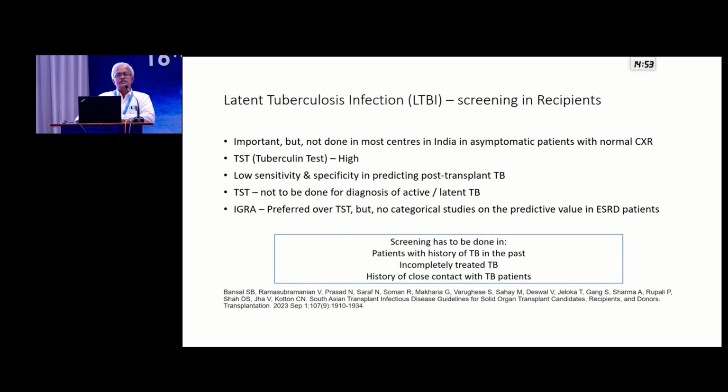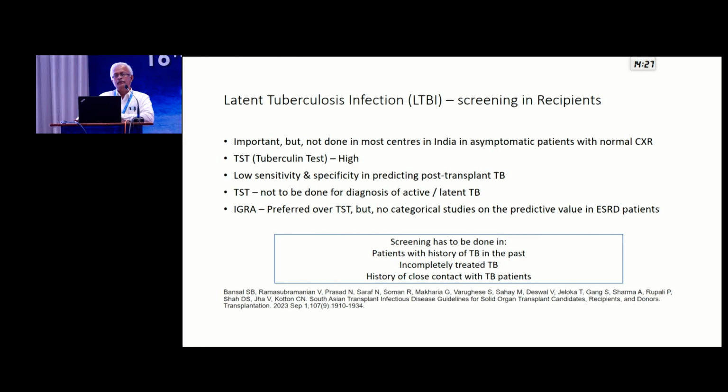There are some studies which have compared the correlation between the TST and the IGRA. The concordance is not more than 70%, in the positivity of both these tests among ESRD patients on dialysis. So even though the problem of tuberculosis in India is of huge magnitude, actually we are clueless.